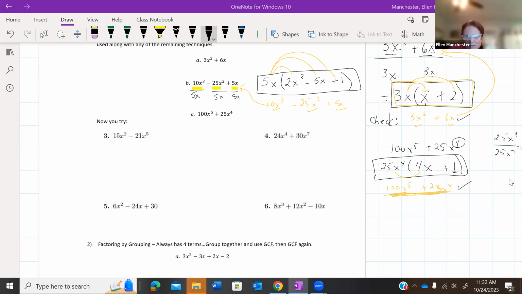Gotcha. So number 3 is good, and number 6 is good. Good, Sophia. Sophia, there's one thing that needs to be fixed on number 6 on yours. So when you look at 8x cubed, 12x squared, and negative 10x, there's something else besides the 2 that's in common.